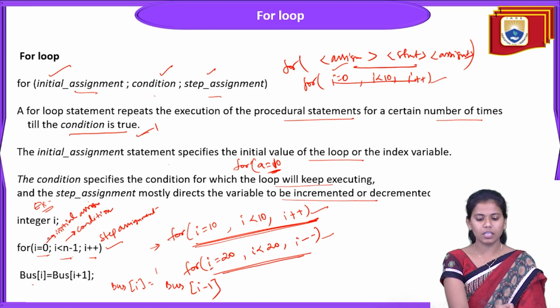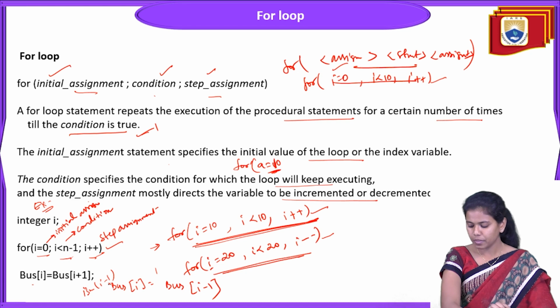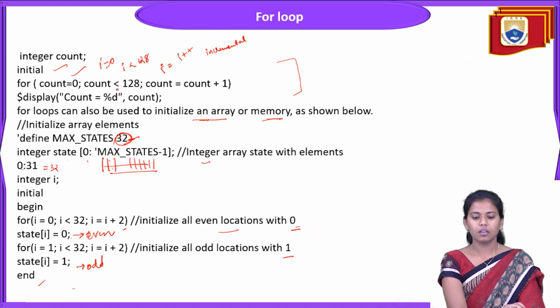It goes: initial assignment, condition and step assignment. Here i++ is the increment; for decrement you can use i minus 1. This is an example that we had considered.